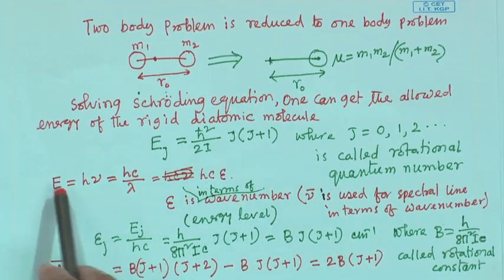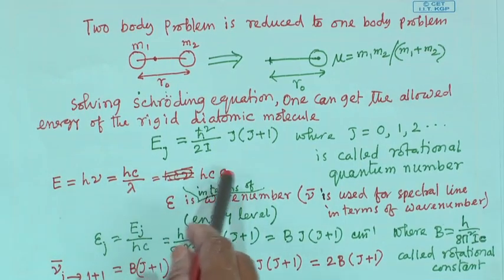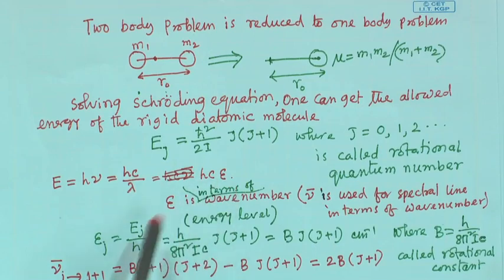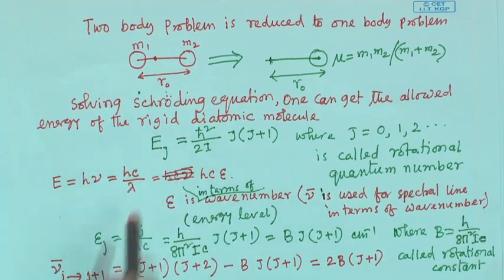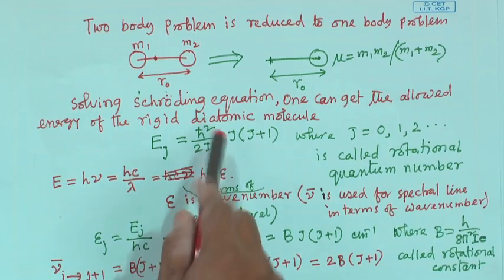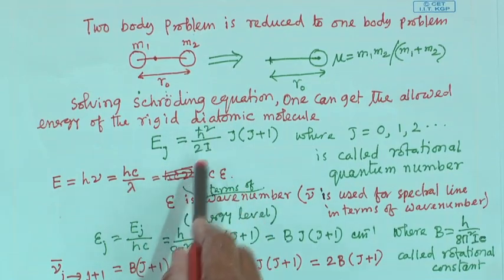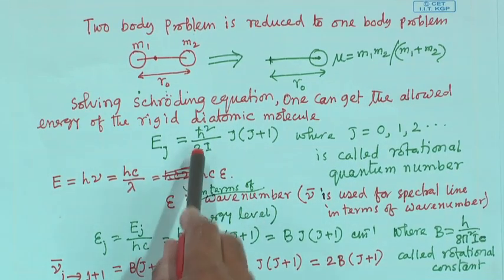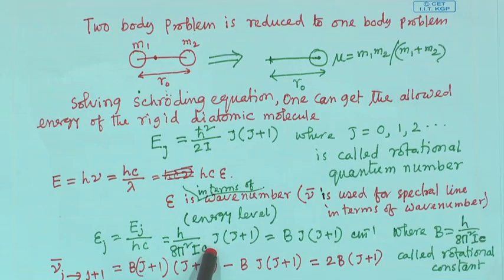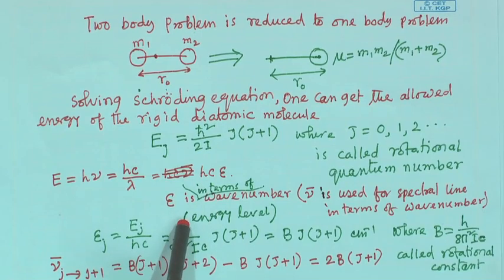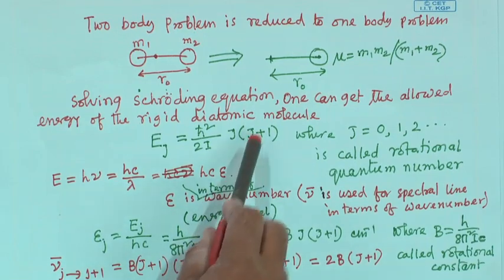So, E equal to hc E, so I can write E_j equal to E_j by hc, equal to h square by 8 pi square I, divided by hc, which gives h by 8 pi square I c, times j into j plus 1.